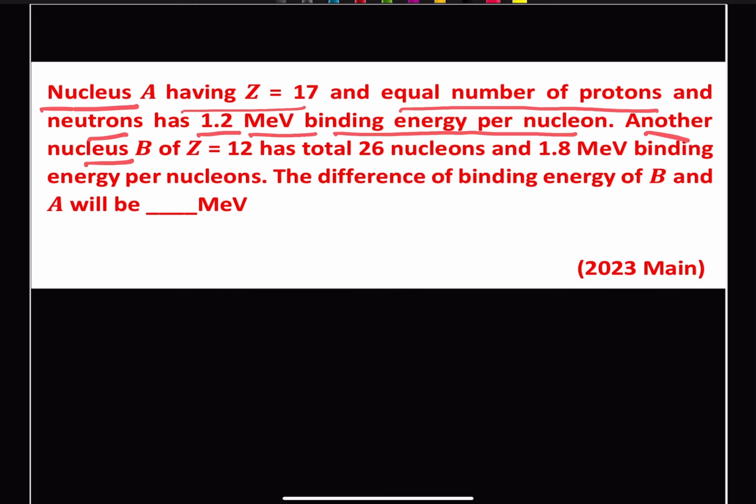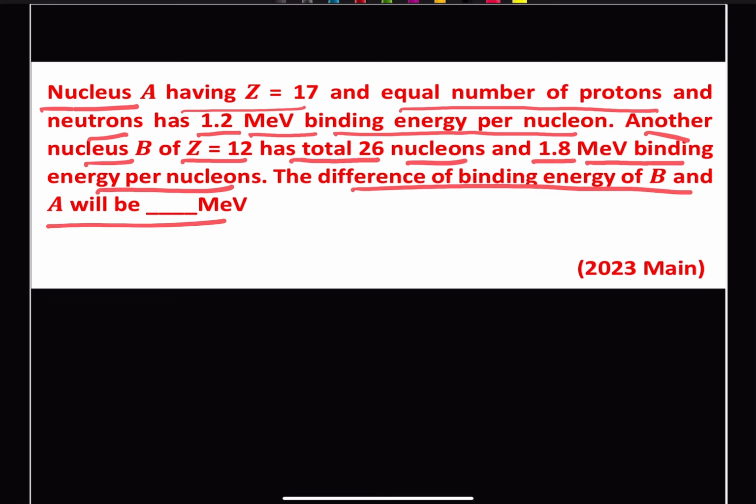Another nucleus B of Z 12 has total 26 nucleons and 1.8 mega electron volt binding energy per nucleon. The difference in the binding energy of B and A will be. Okay, so in this case, we have two nuclei A and B, having different energy as well as different combinations of nucleons.